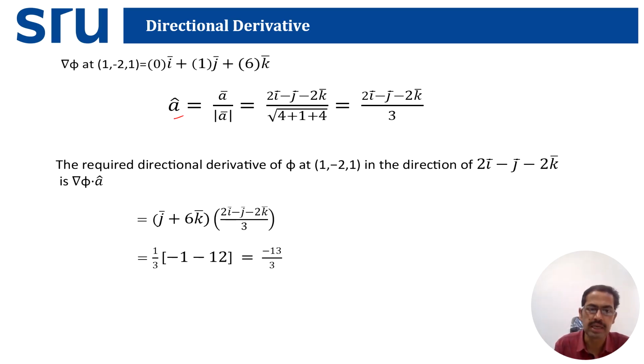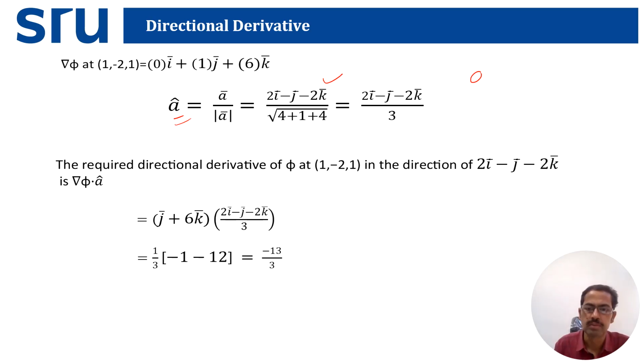Now let's calculate a cap. a cap is equal to a bar by the magnitude of a bar. So 2i bar minus j bar minus 2k bar is a bar, and we need its absolute value.